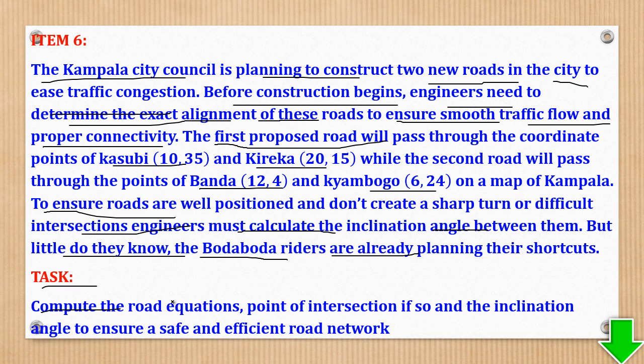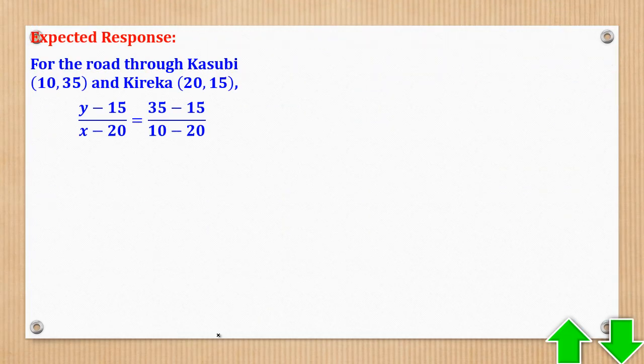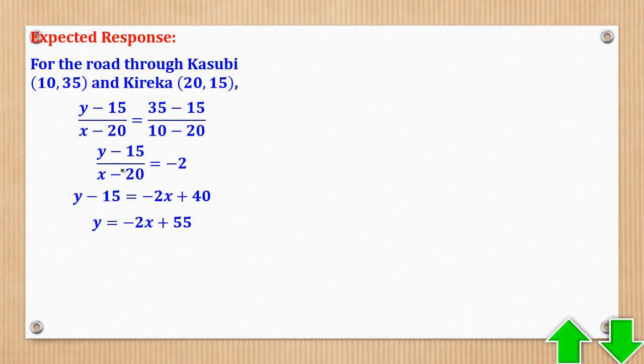Task: compute the road equations, point of intersection, if any, and the inclination angle to ensure a safe and efficient road network. So the question is all about getting equations of straight lines given 2 points. So for the road through Kasubi and Chireka, we shall equate gradients, simplify, cross-multiply, and get the equation of that road.